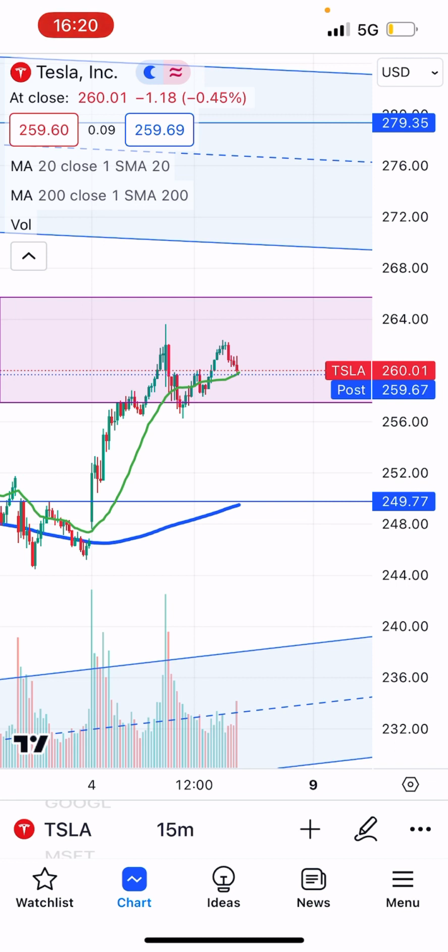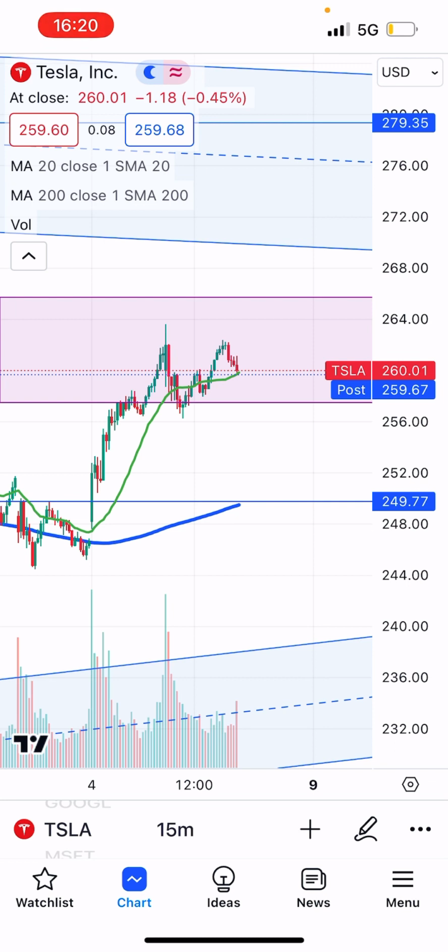And then below that level, they're buying it back, right? These are market makers and dealers, they have tons of liquidity, so with that much money you can really control the price movement of the stock, right? So above 260, they're going to be selling the shares. Below 260, they're going to be buying them, right?